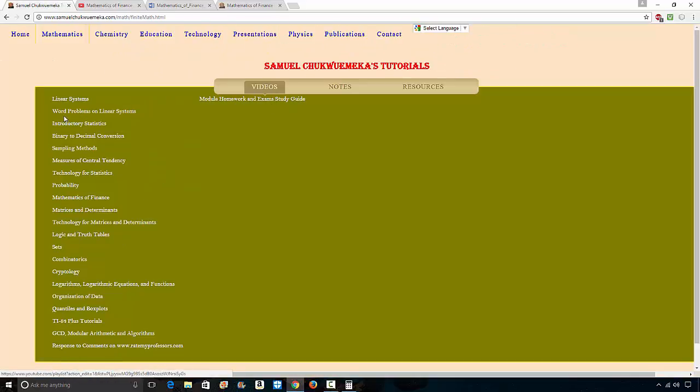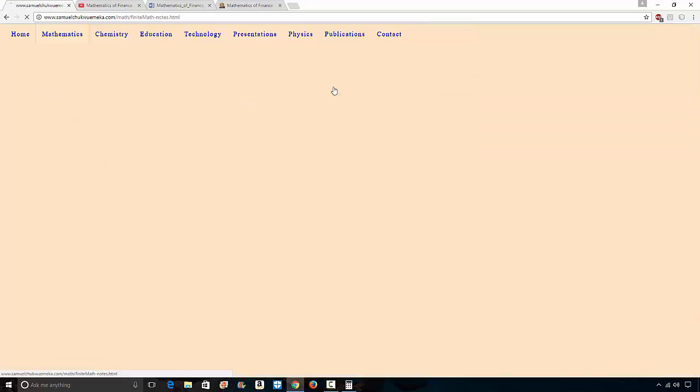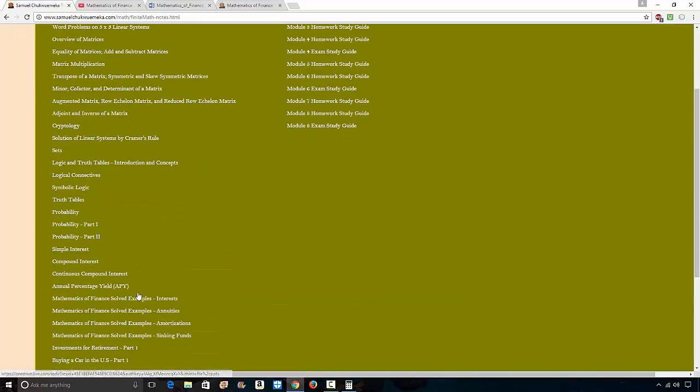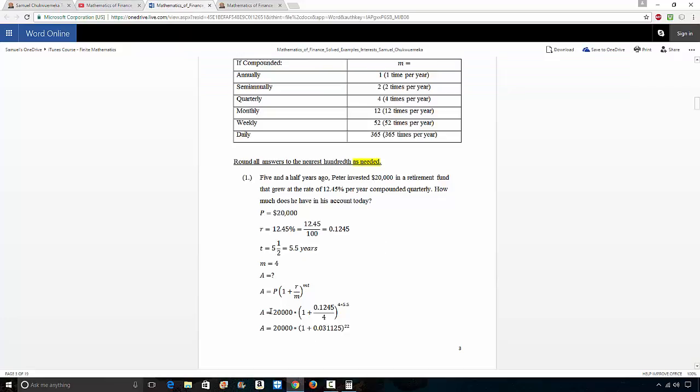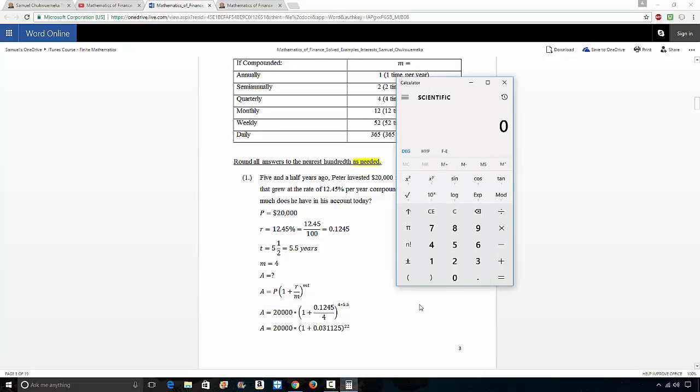So we get back to finite math under our notes, and this is solved examples on interest. Okay, so I assume that you know how to set this up. So what we are gonna do is first of all, let's do this exponent. 4 times 5.5 equal to, and that is 22.